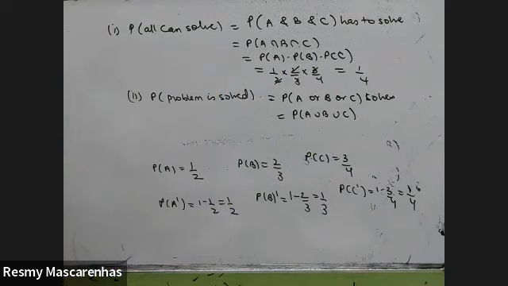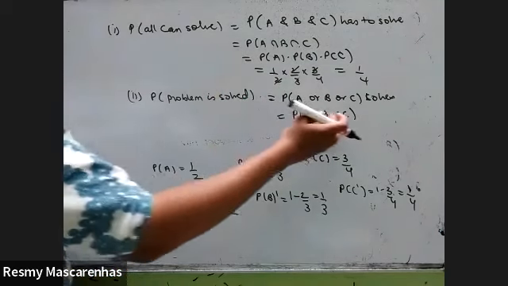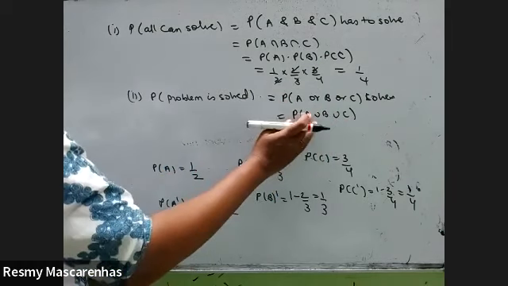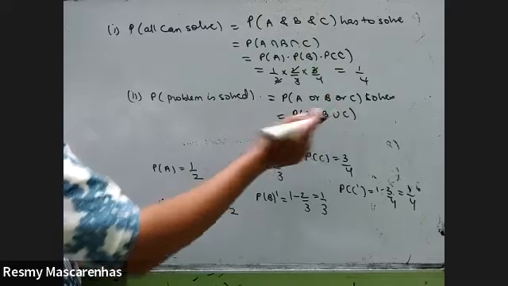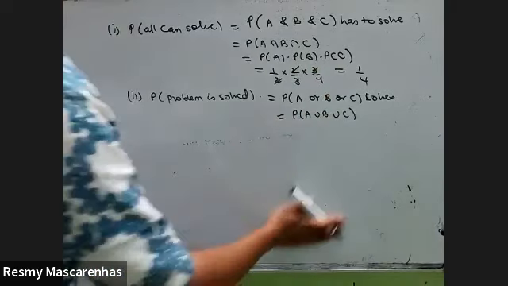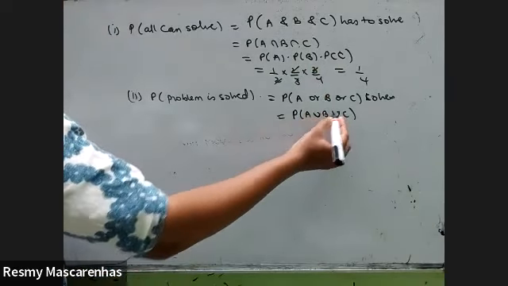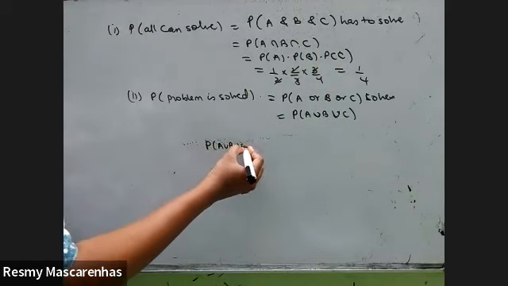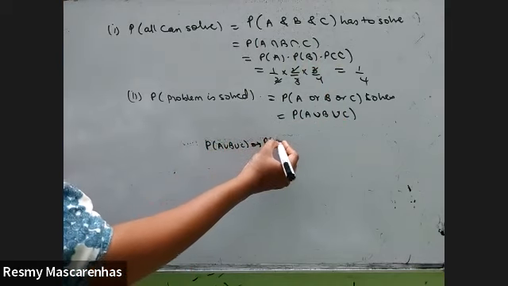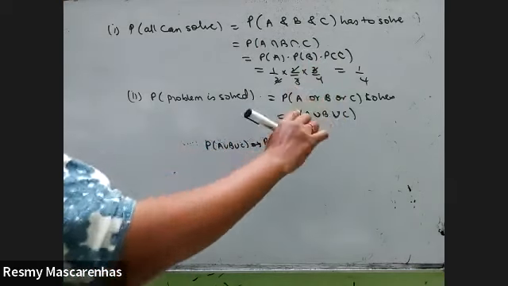Now there is no union formula for 3 of them. If it was single ones, you cannot multiply. Only for intersection you can multiply. This is union now. Or, as I told you, can also be written as at least one. Same as if at least one of them solves.